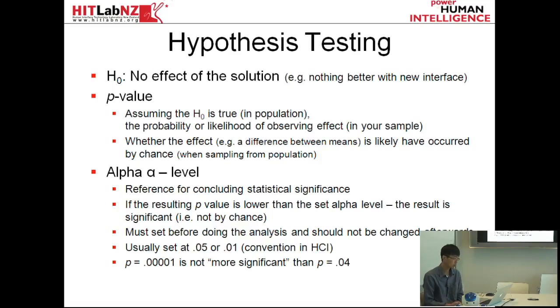And then we talked a little bit about the p-value. When you are testing your hypothesis, you are really measuring the probability of how likely it is that you are making a mistake by concluding there is a difference between the interfaces when that is not really the case.